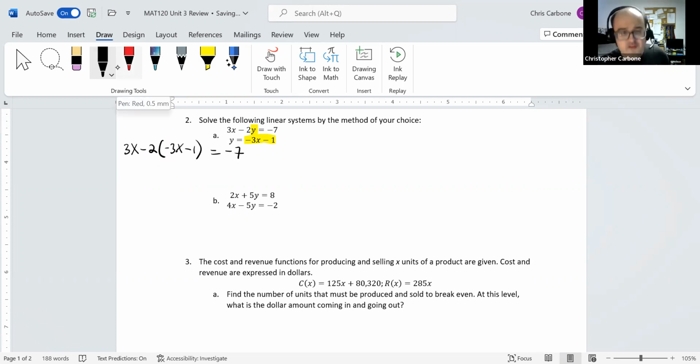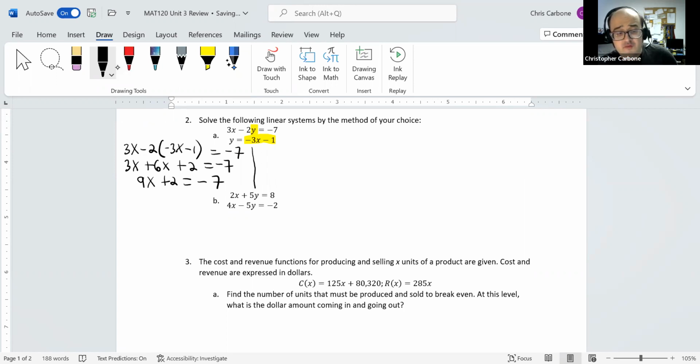Distributing the -2 first, we would get 3x plus 6x plus 2 is equal to -7. Combining the two x terms, we get 3x plus 6x is 9x plus 2 is equal to -7.